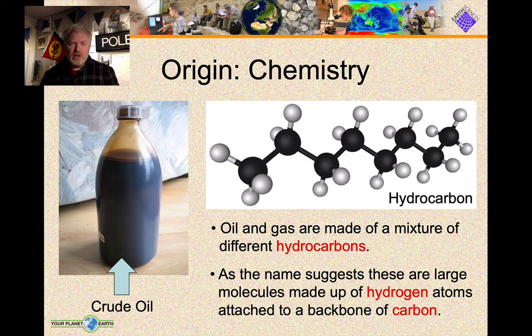The shorter the chain, the lighter the hydrocarbon, the longer the chain, the heavier it is. For example, the shortest chain, methane gas, is CH4, one carbon, four hydrogens. Tar would have a whole long chain, lots of carbon, lots of hydrogen bonded together.